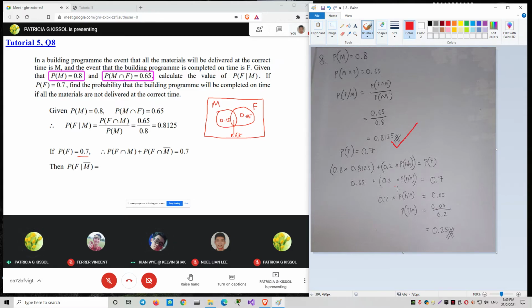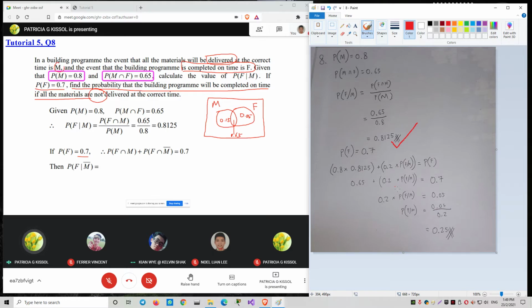Yeah, because the question is asking, you can see, find the probability that the building program will be completed on time. You see, this is the sentence, completed on time is F. And then stated here, if all the materials are not delivered at the correct time. Because M is concerning with delivery.